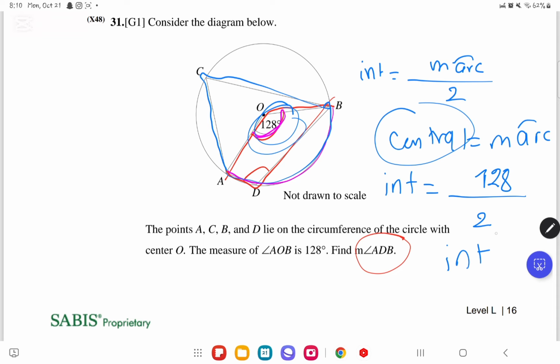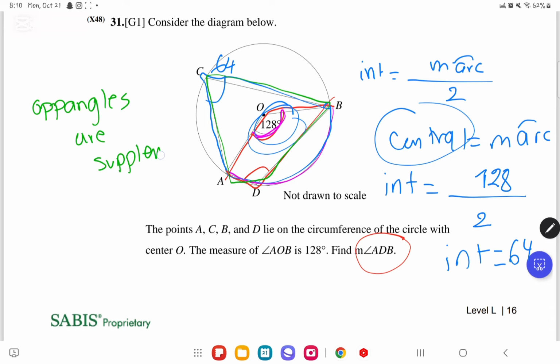So then the interior is 64. So it is 64 over here. Now if you notice, in green we have what? We have a cyclic quadrilateral, meaning that opposite angles are supplementary.